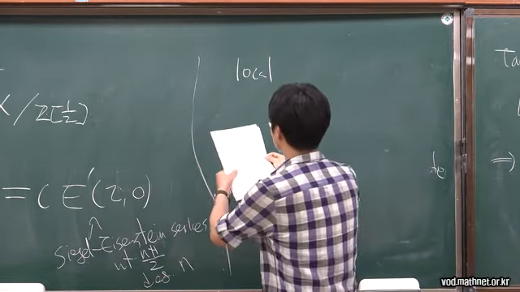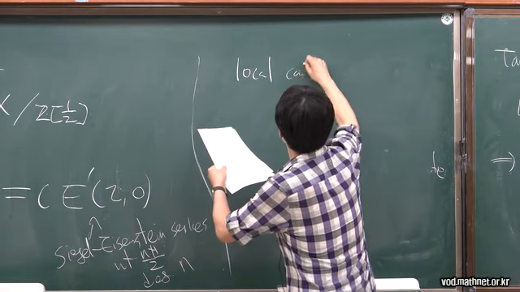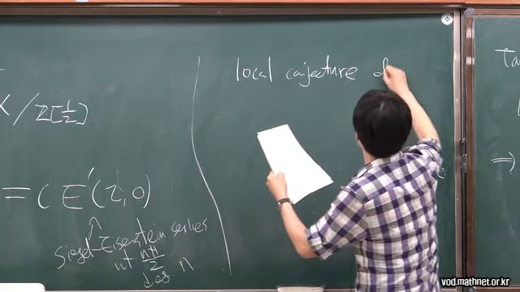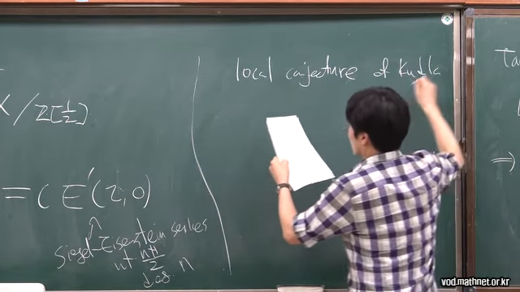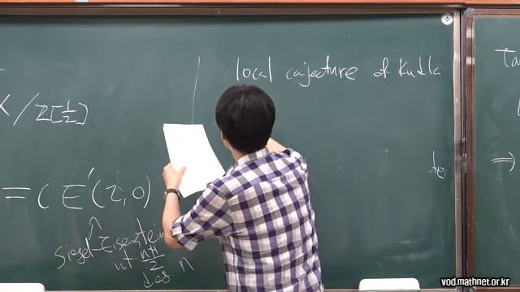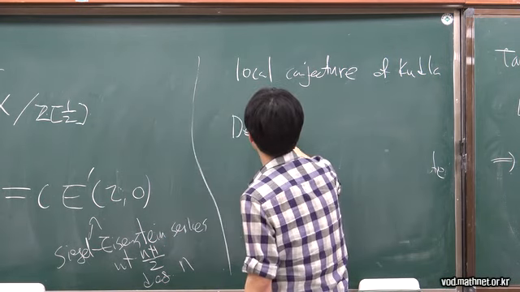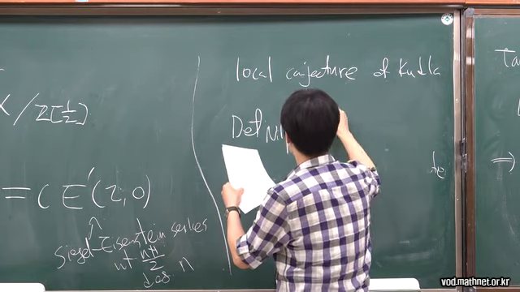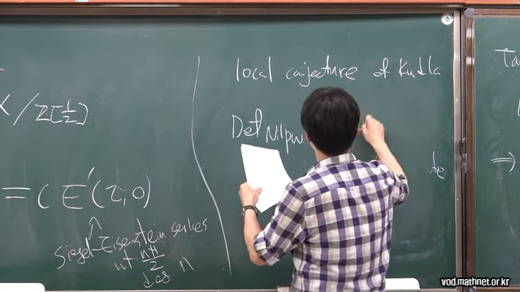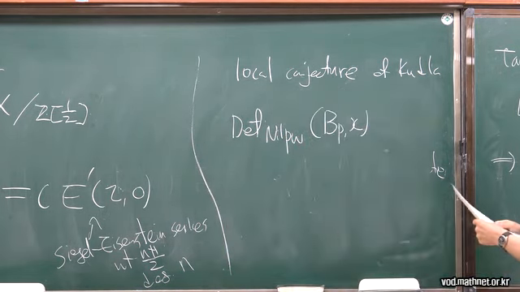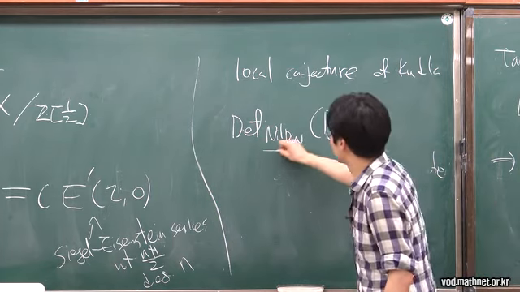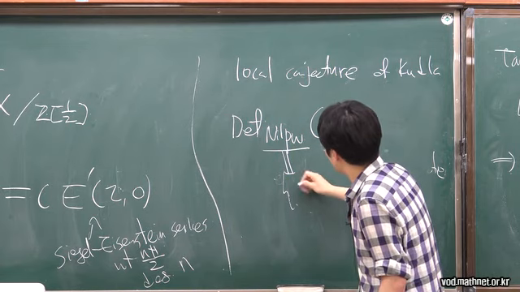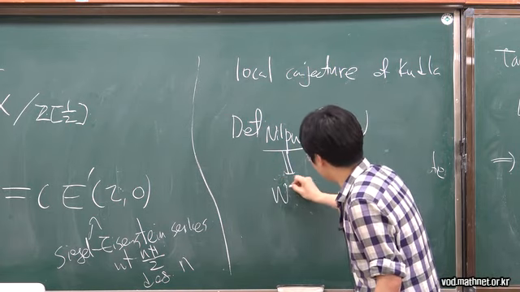Okay, so then the local conjecture. The local version of this conjecture of Kudla is this. Now let me consider a certain deformation functor of P, W and B, P, X. Okay, I first have to define what W is.